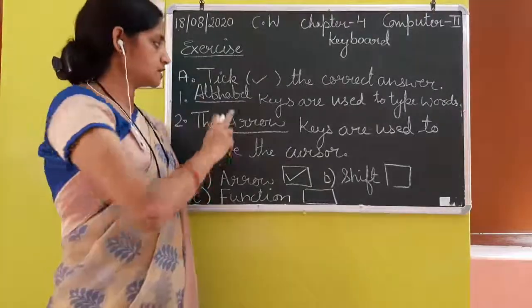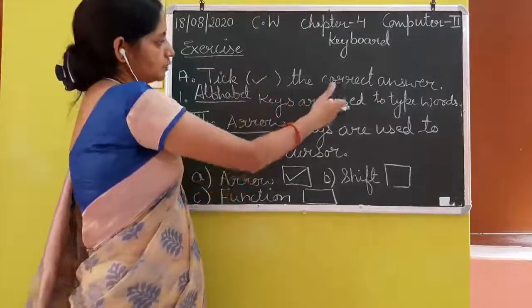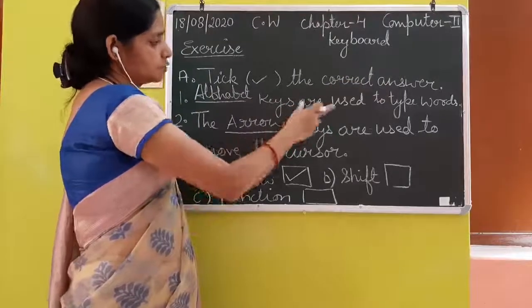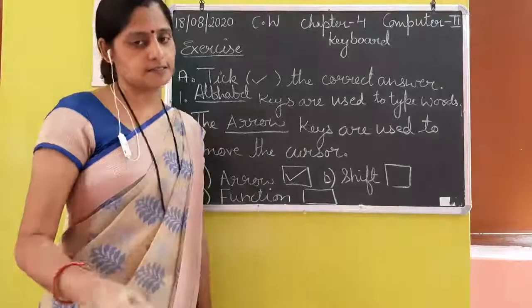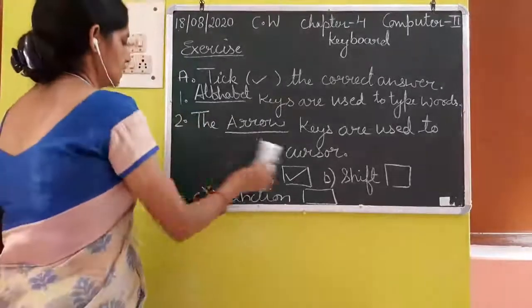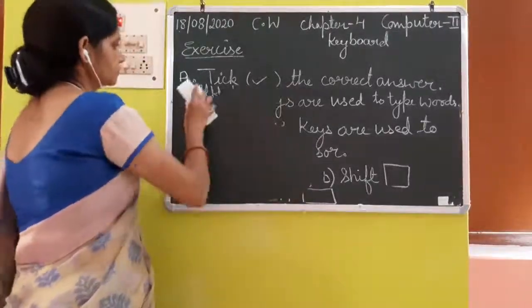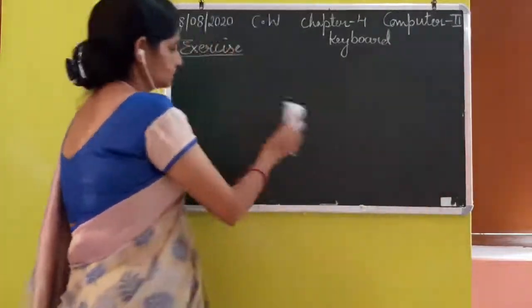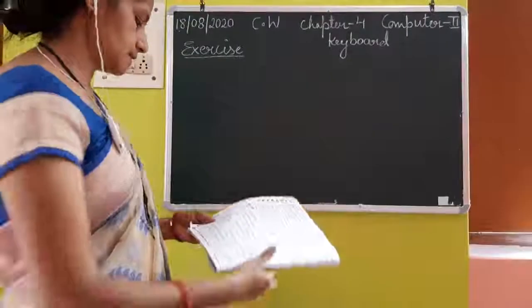So first one is alphabet keys are used to type words. Arrow keys are used to move the cursor. This is 1 and 2. Now coming to the next one. Now third one.